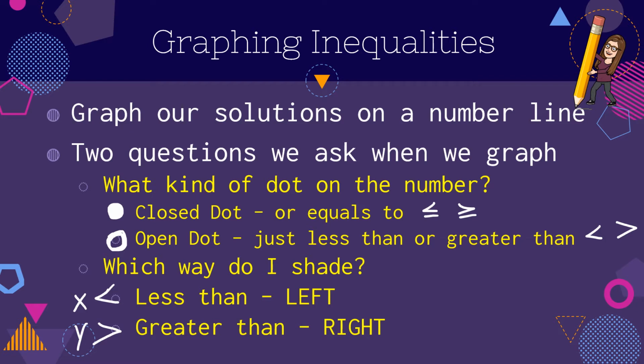So here's a little tip. It's a shortcut. It's no mathematical reasoning, but if you write the variable, then the number, then your sign will always point in the direction you're going to draw. Meaning if it says less than, go left.